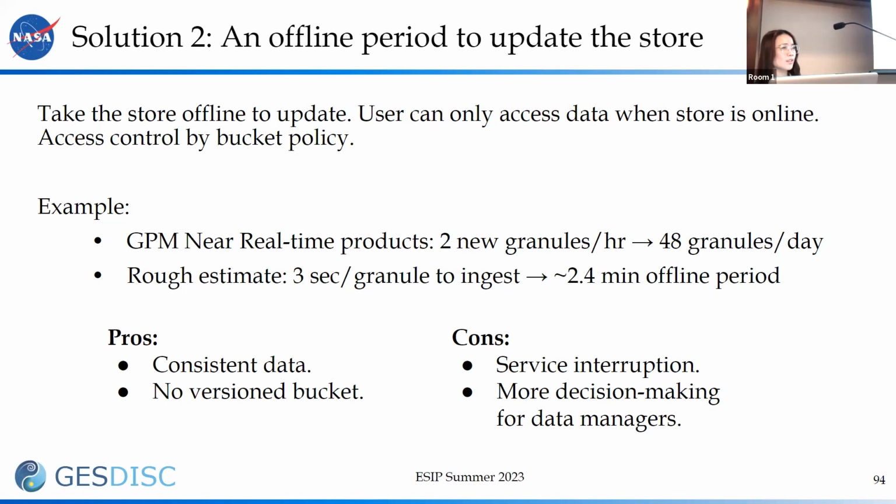So the duration, frequency of this offline period, also considering what is too disruptive to our users, related to the question of who are the users. So how do we communicate that? And as well as how do we communicate this offline period, as well as the updates that we perform to the Zarstore.